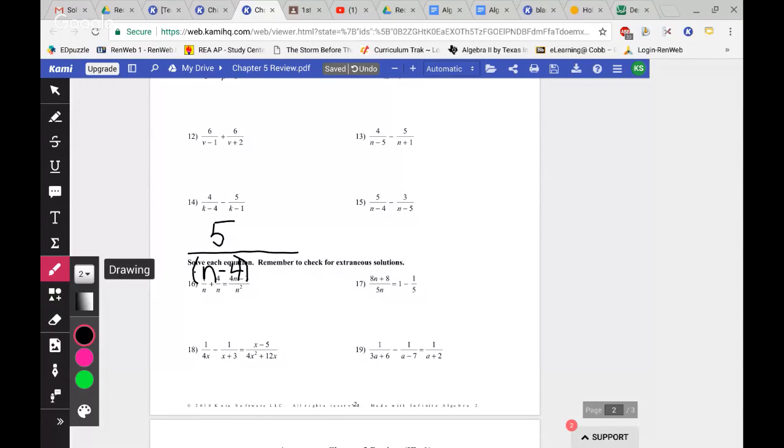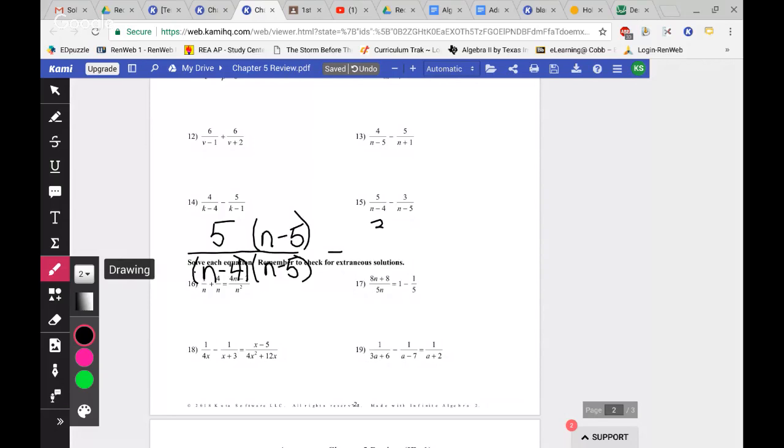And in order to have a common denominator, I'm going to multiply n-4 times n-5. And whatever I do to the bottom, I have to do to the top in order to not change the value of the fraction. And n-5 over n-5 is technically 1. So I haven't changed the value because I can multiply anything by 1 and still have the same value. It just might be expressed differently, as in this case.